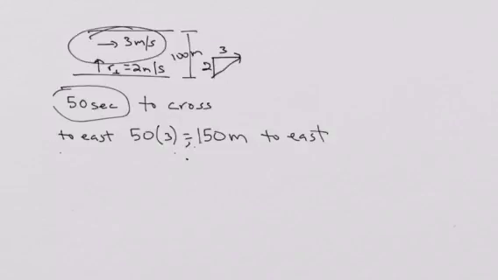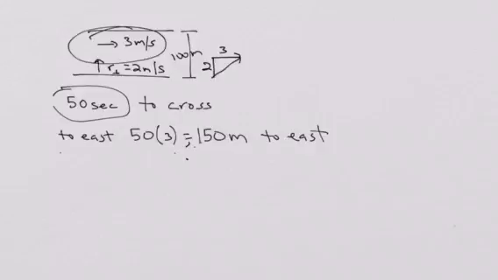But the big thing to think of there is that nothing is affecting this velocity of 2 meters per second as she's crossing the river to get to the other side.